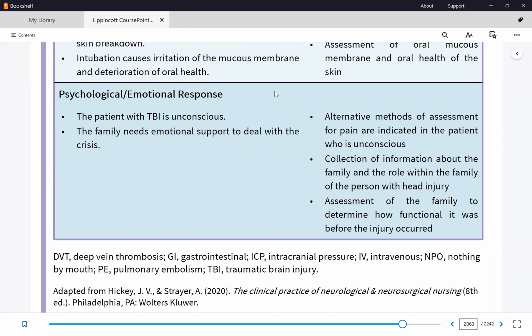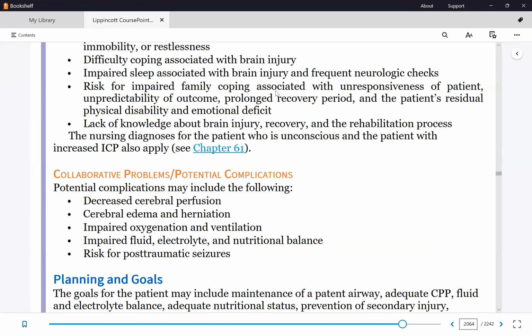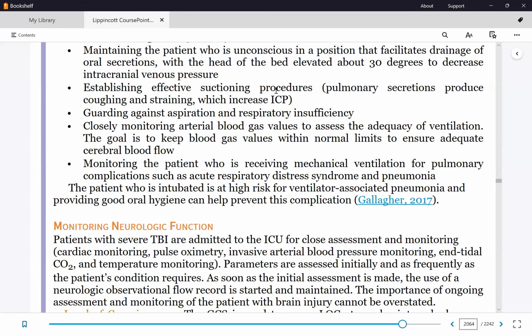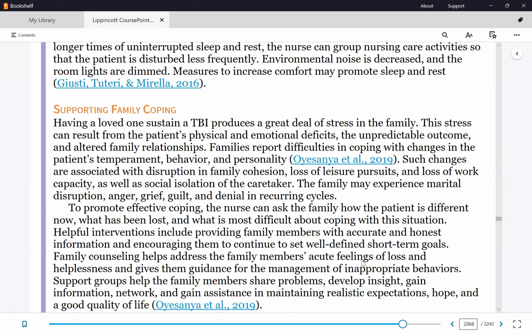They cannot move. They're unconscious most of the time. So what are they at risk for? Skin breakdown, DVTs, and are they also at risk for peptic ulcers? Yes, and then Kurt mentioned PE as well. So after a DVT, it may become a PE. That's about it for head injury. Any questions? Okay, let's go straight to spinal cord injury.